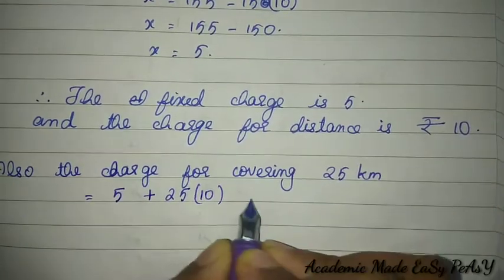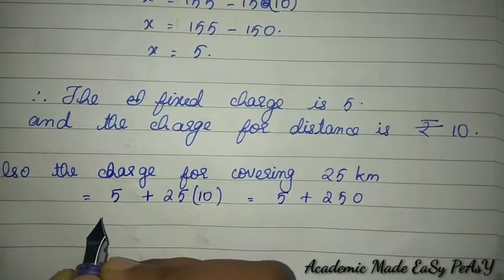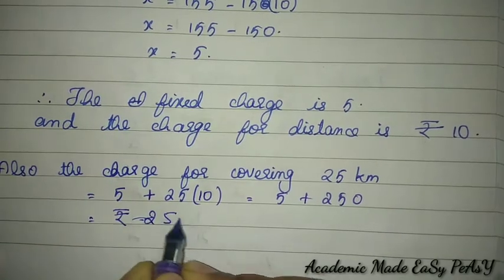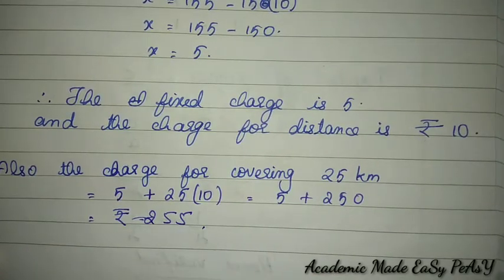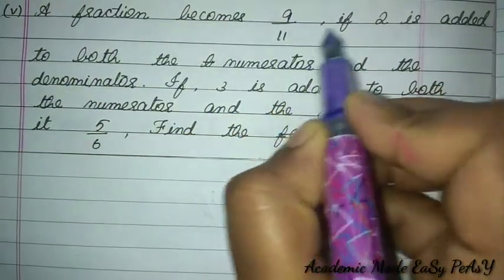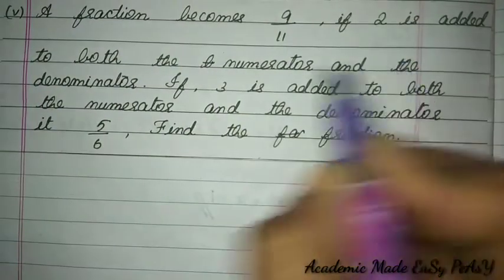So therefore it is 5 plus 250. So therefore rupees 255 is the answer.